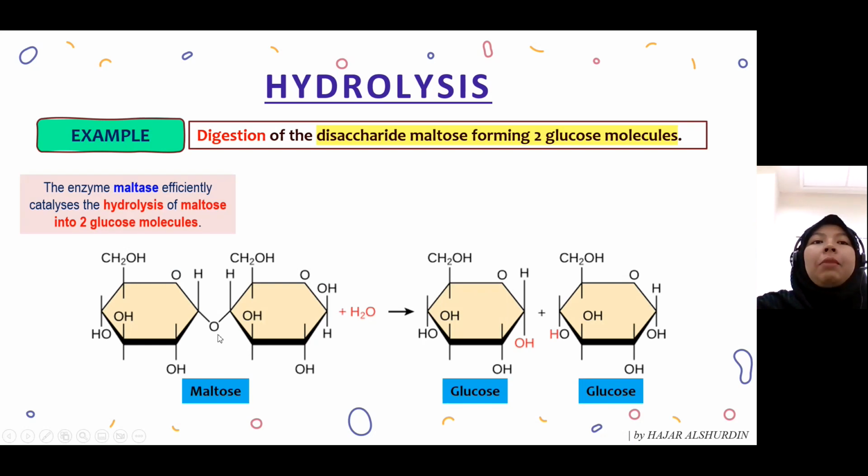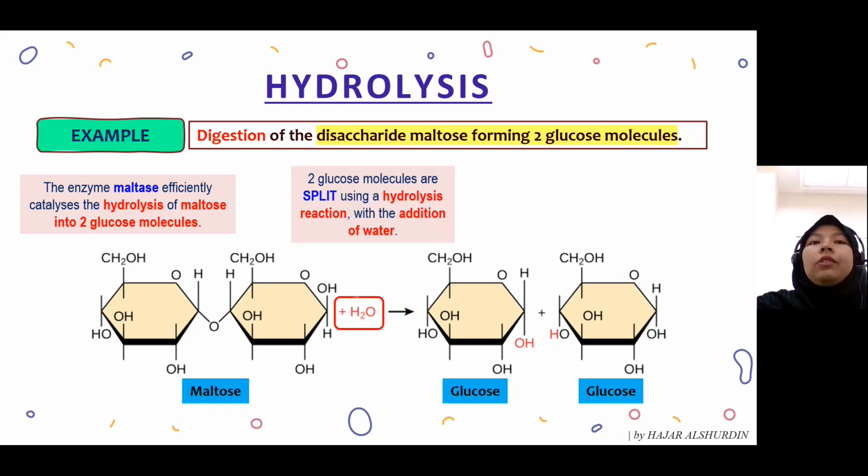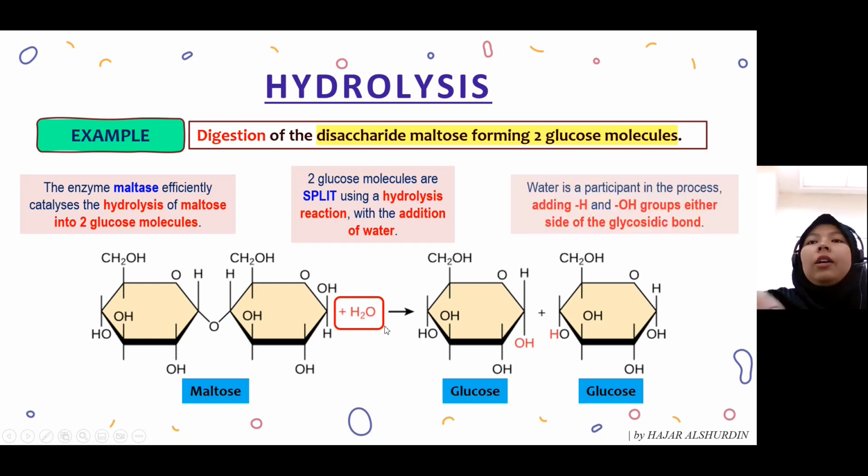The enzyme maltase is needed to catalyze the hydrolysis of maltose into two glucose molecules. These two glucose molecules are split by using a water molecule. From the water molecule, one hydrogen will attach to this side, while the hydroxyl group will attach to this side.